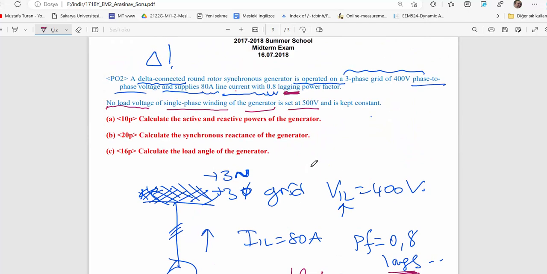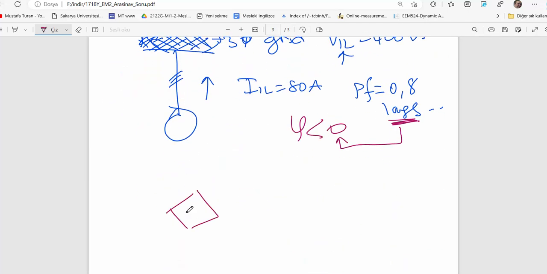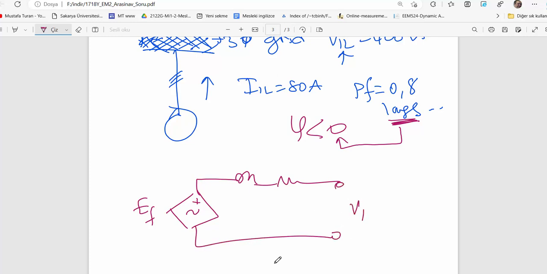You remember equivalent circuit was drawn for single phase, and here are single phase terminals, and assume that generator delivers no current, no load.